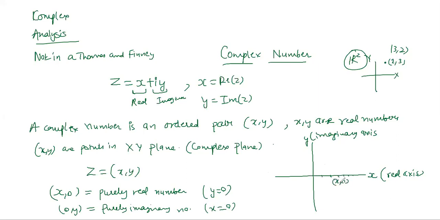These are like x comma 0, x can have any value, and the numbers lying on the imaginary axis have coordinates like 0 comma y. This is something very basic and all of us know this already. So this is another way of writing a complex number as an ordered pair. Okay, so if I have a point here, x comma y, this is y and this much is x. That's the meaning of this x comma y representation in the complex plane.